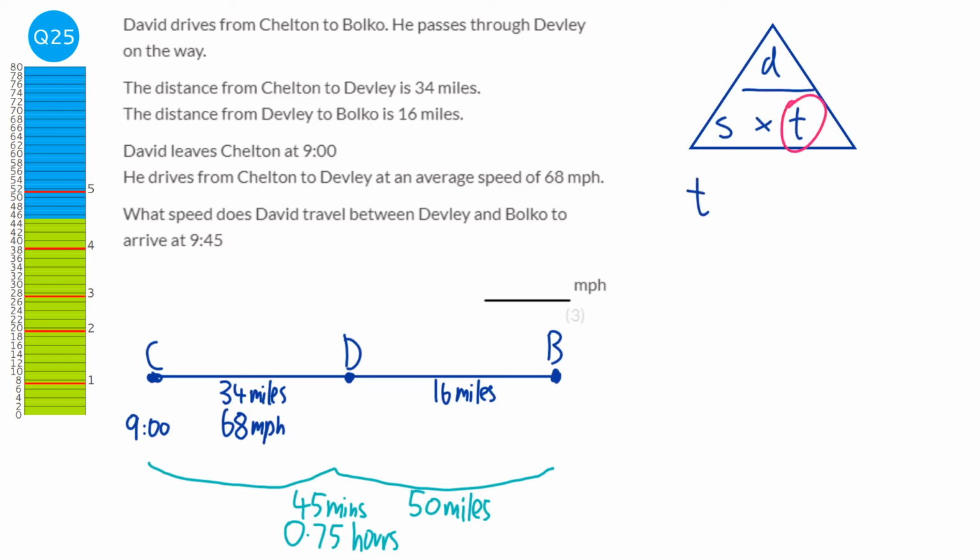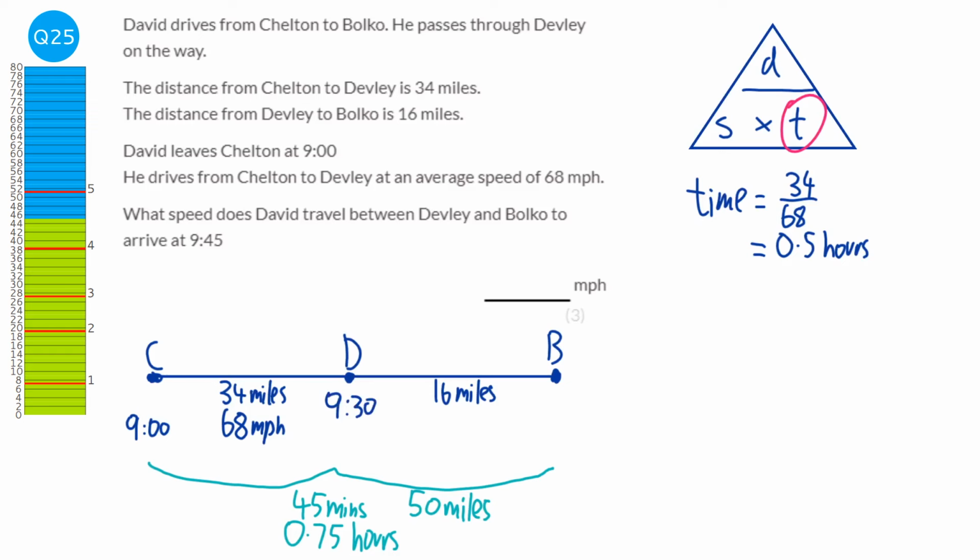So it's going to be time equals distance, which is 34, over speed, which is 68. So we're going to do 34 divided by 68, which is 0.5. So it would be 0.5 hours, so that would be half an hour. So we will be at Devley at 9:30.